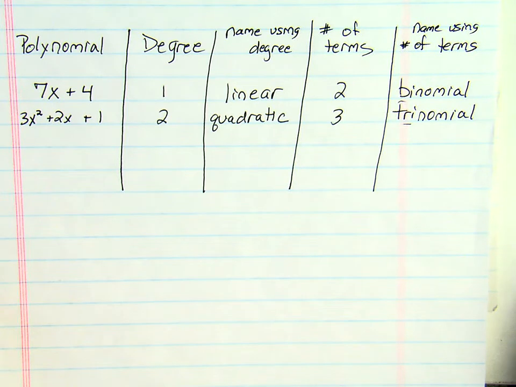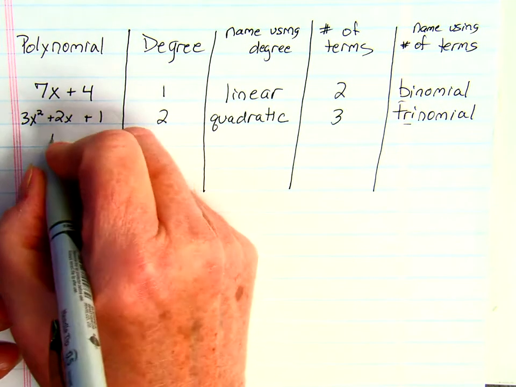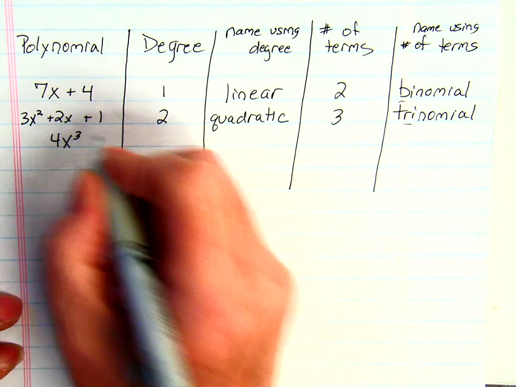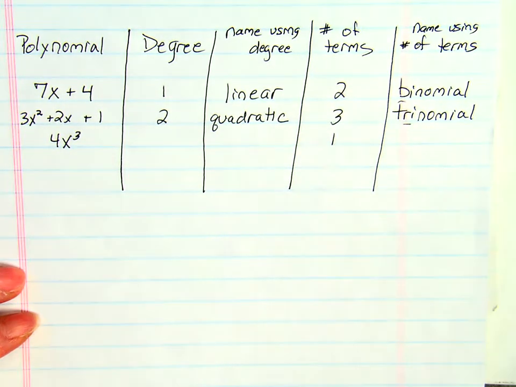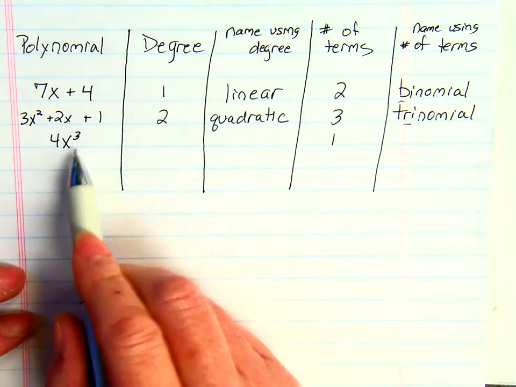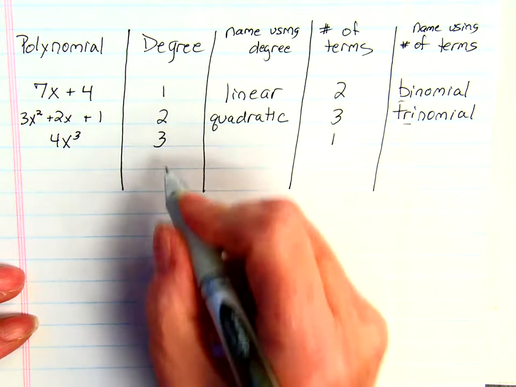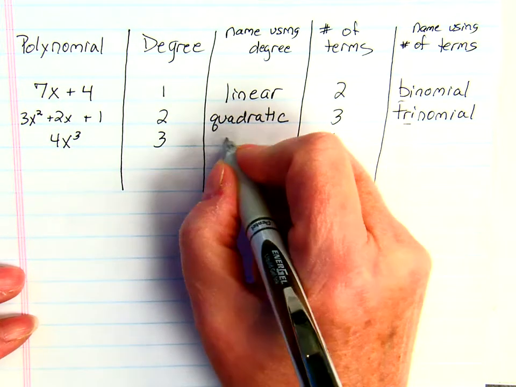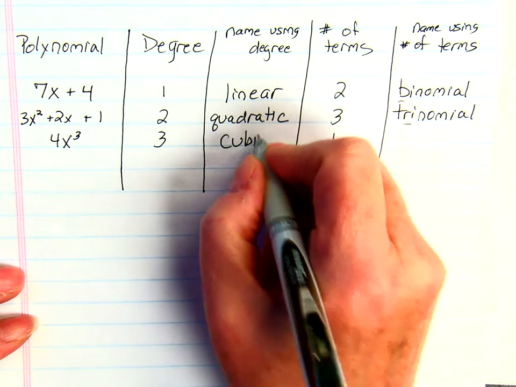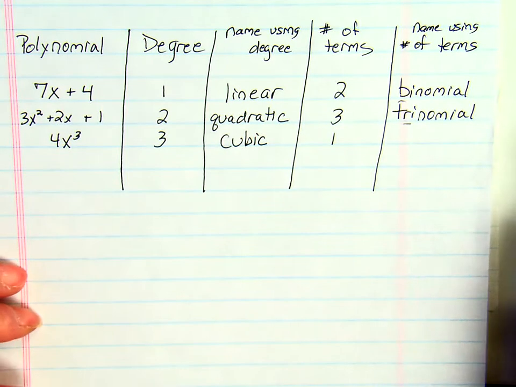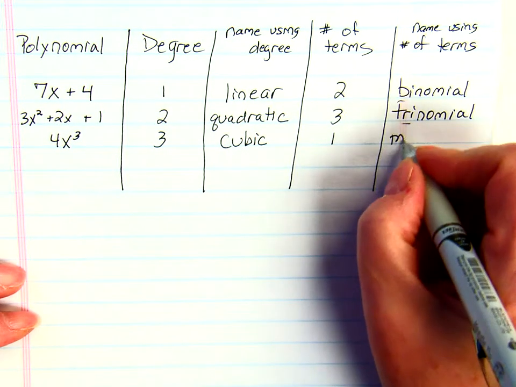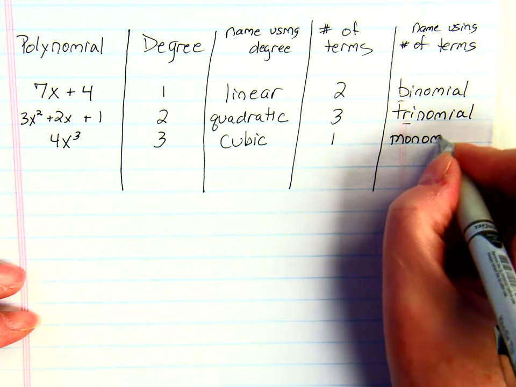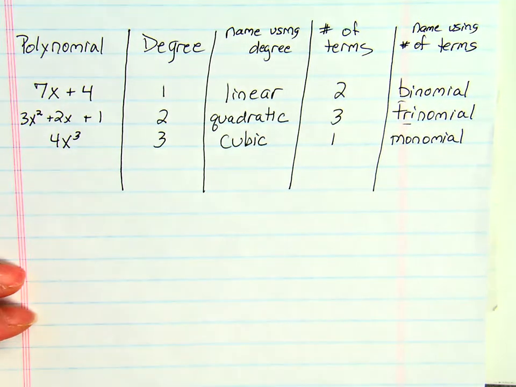Okay, so 4x cubed. Looking at this, there's only one term there, but it's a degree of 3, and we call this cubic. And one term, this is just a monomial. One single term.